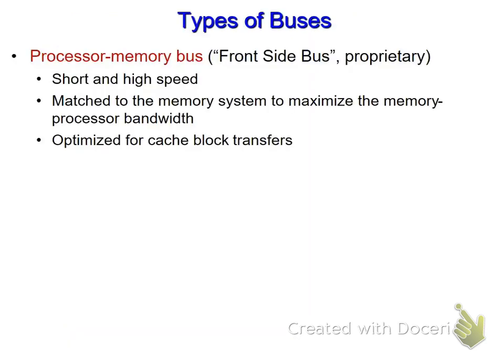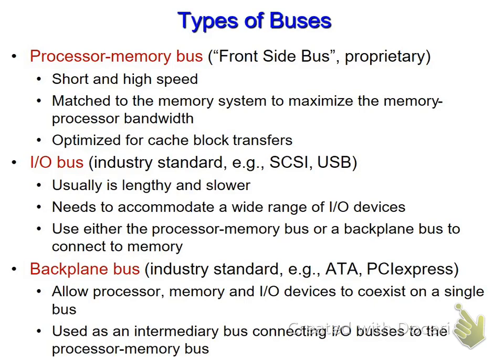Types of buses. I might have a bus between the processor and memory, and usually this is very short but has a high speed. I have an input-output bus, as an example USB or SCSI or any standard industry bus.